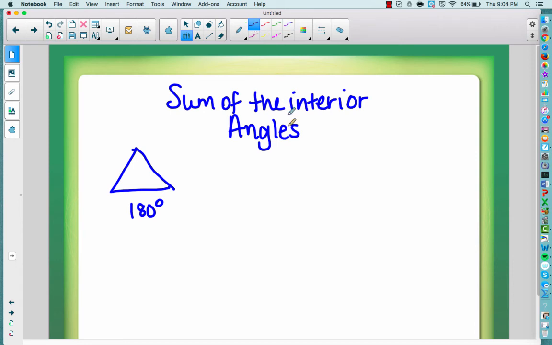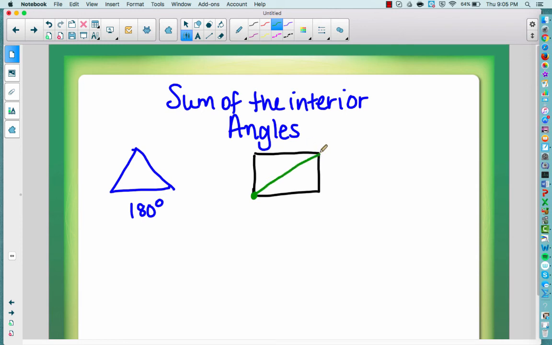All right, well, now let's talk about a quadrilateral. So here's a quadrilateral. And, well, it's not 180 degrees because it's more than three angles. But we can use the idea of a triangle to figure out what the sum of the interior angles would be. So I'm going to look at one vertex, and I'm going to draw a diagonal going across.